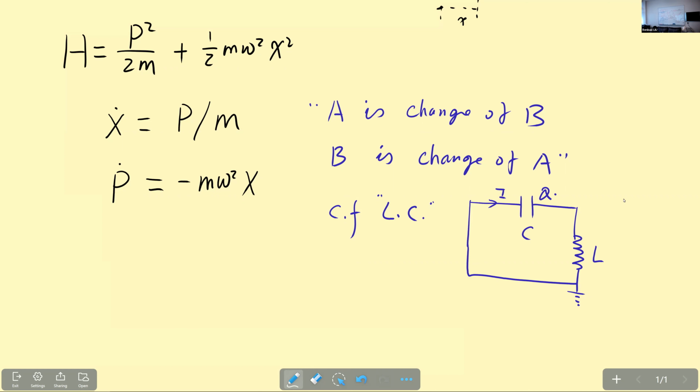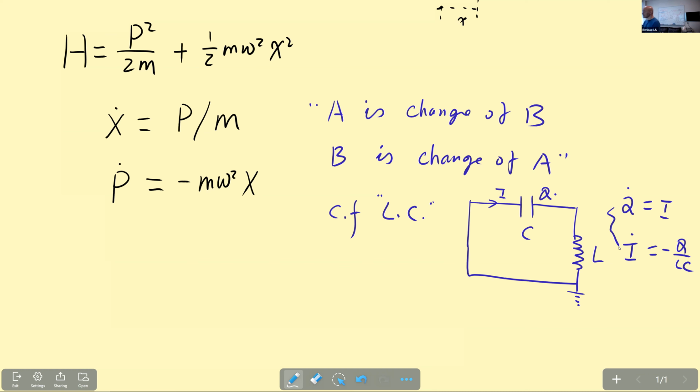The change of the charge is the current, and the change of the current gives you the potential, something like minus L times the change of the current equals Q over C. More or less.